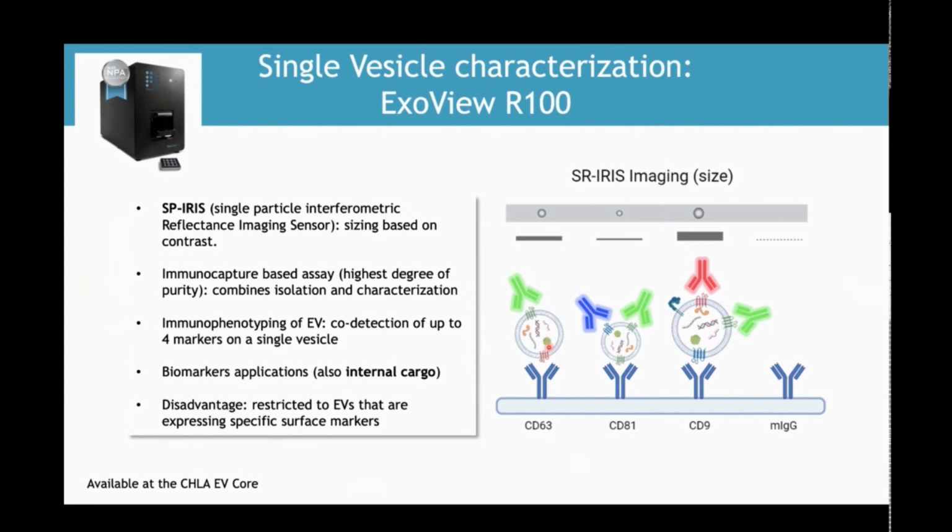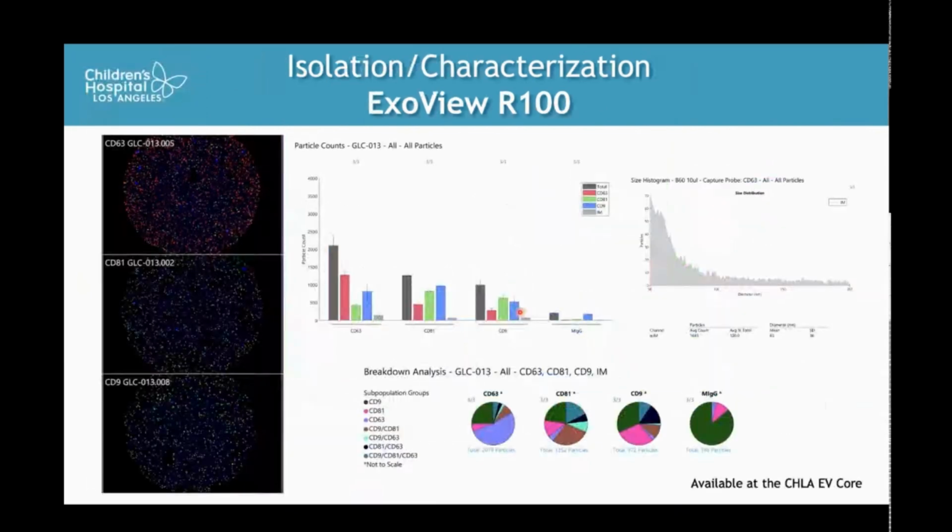The vesicles are captured on the chips and counterstained with specific antibodies. And this allows us to see subpopulations of EVs. Here you can see typical results where we see on a spot, for example, this is the CD81 spot. We're looking at single vesicles that are expressing the CD81 markers and other markers.